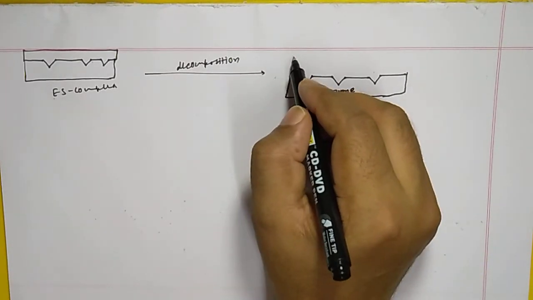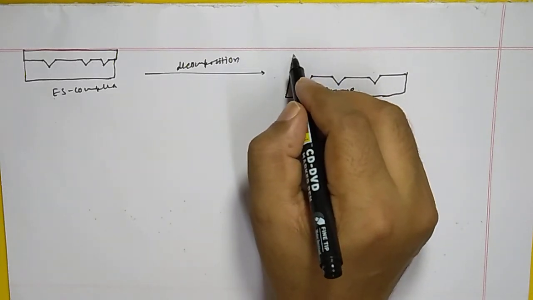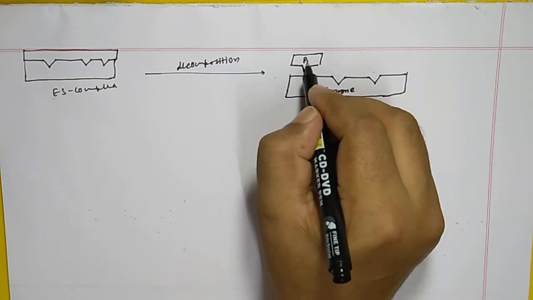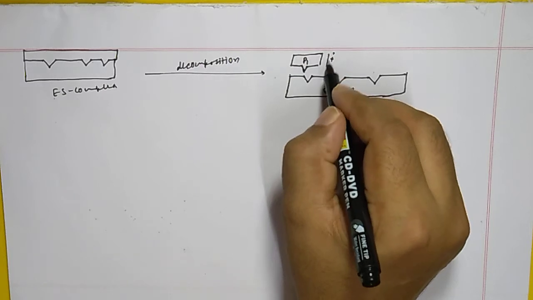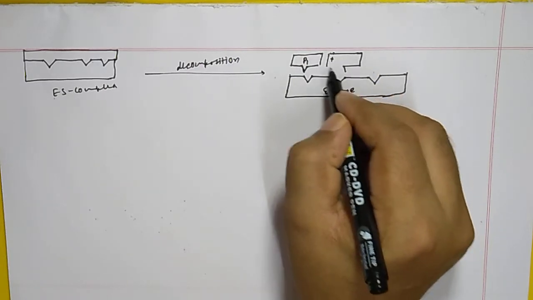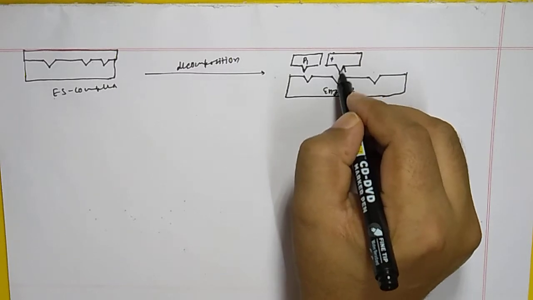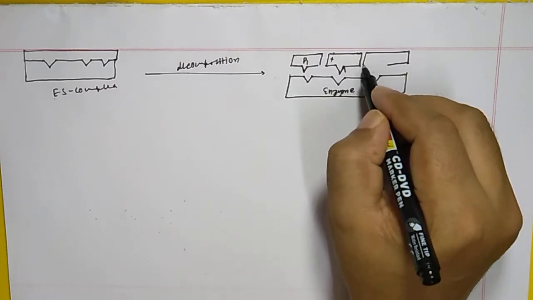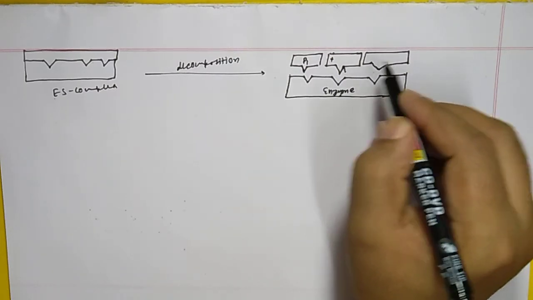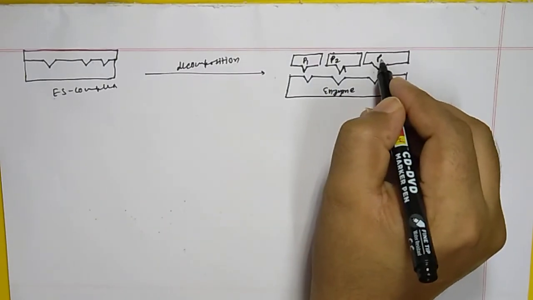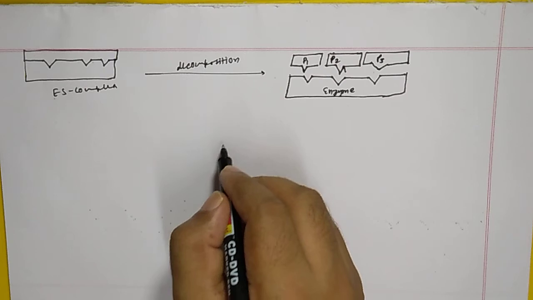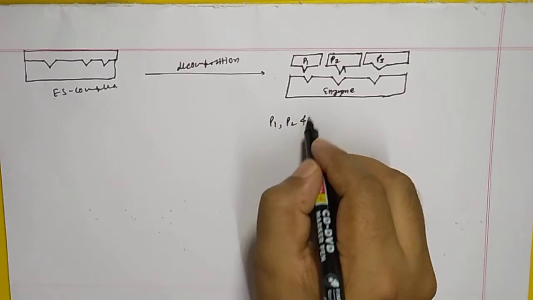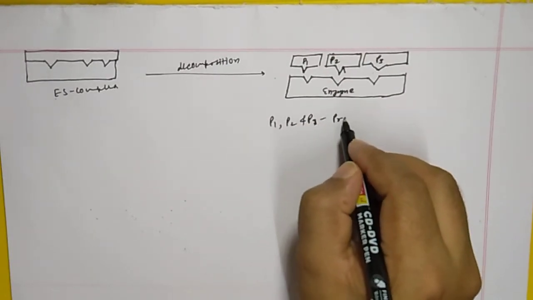On the other side, the first one is P1, product number 1, and then one more product forms here, also having a similar shape that fits the cavity of the enzyme. So this is P1, this is P2 and P3.